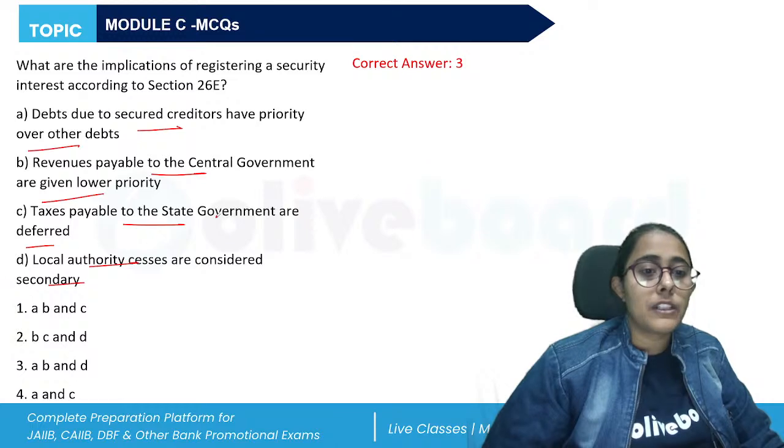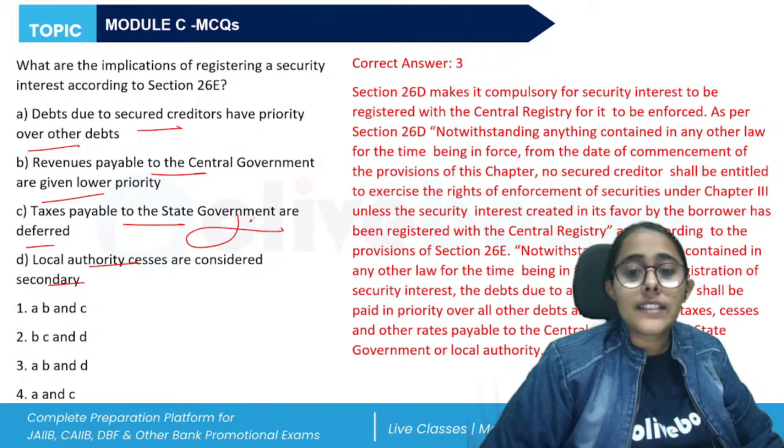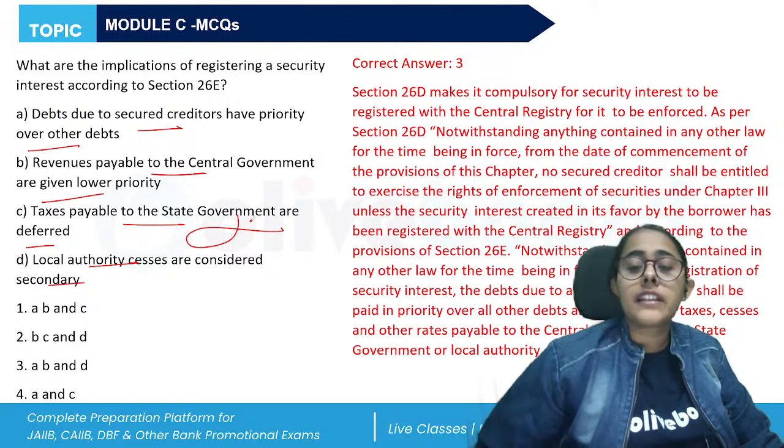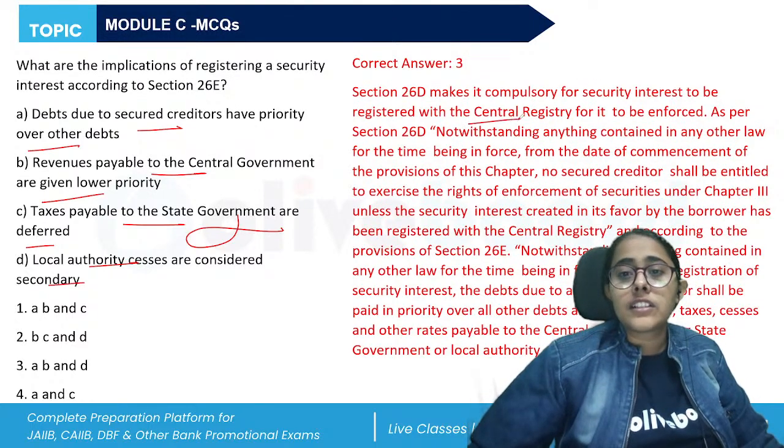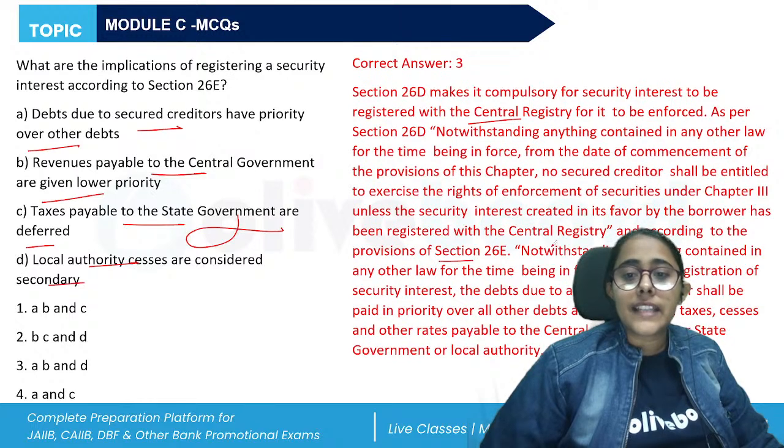The statement that taxes payable to the state government are deferred is incorrect. Section 26D says that it is compulsory for the security interest to be registered for it to be enforced. And section 26E says that notwithstanding anything contained in any other law, after the registration of the security interest, all the debts due to any secured creditor shall be paid in priority.